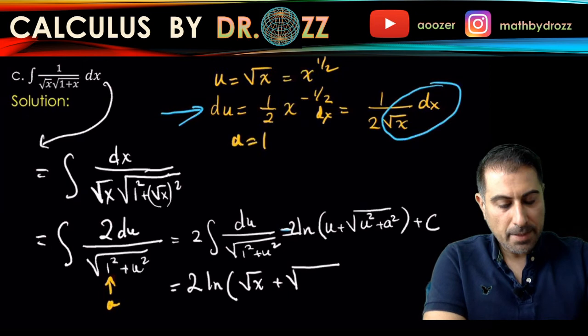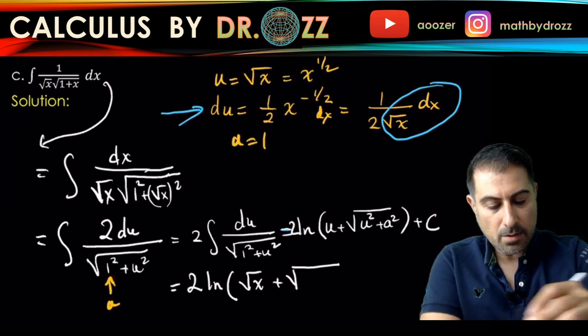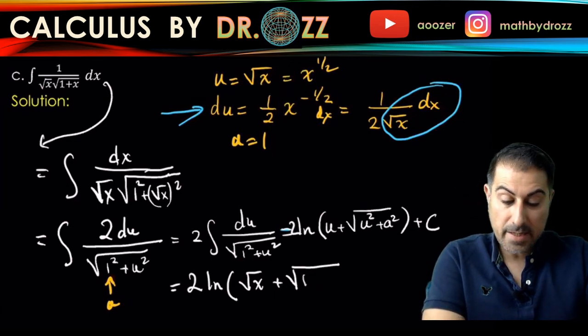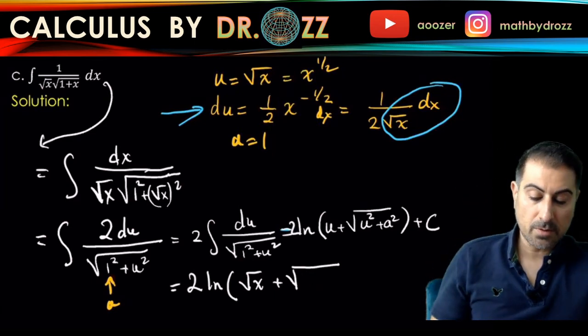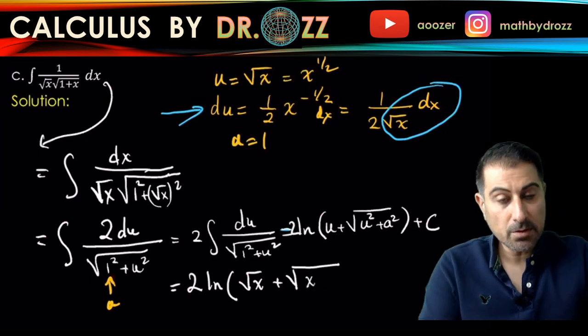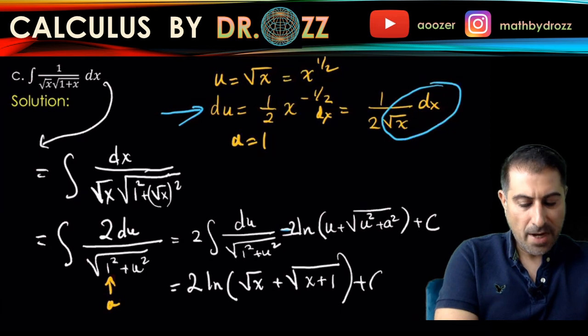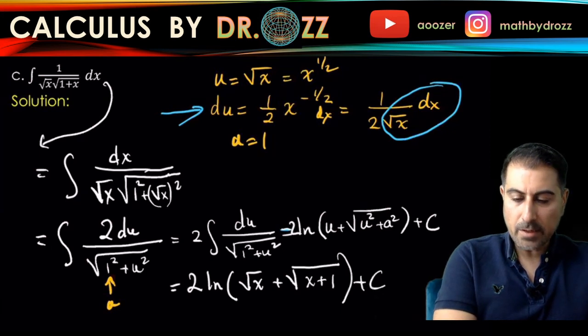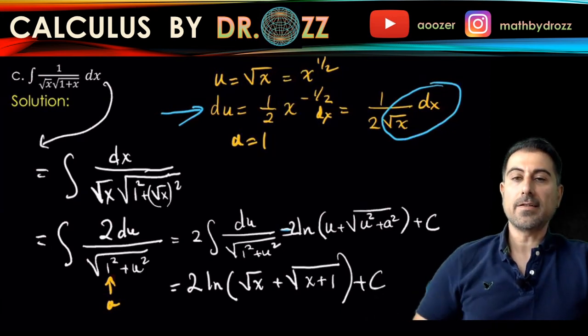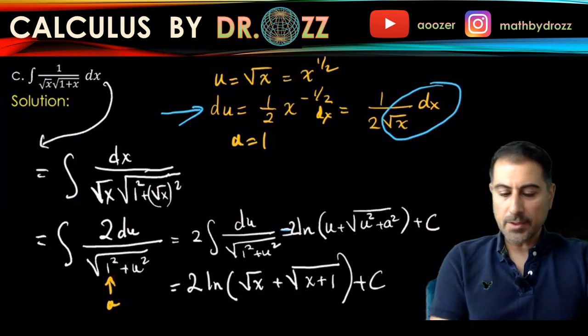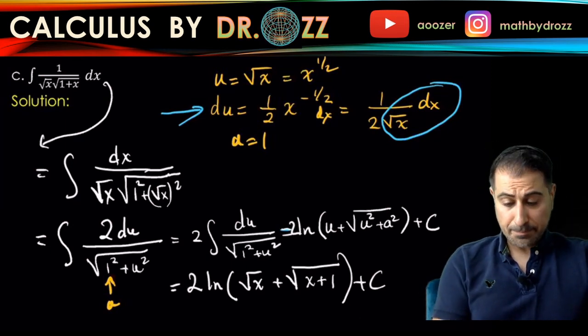So 1 plus u squared plus a squared. Here we go: u squared is just x, plus 1 squared is 1, so x plus 1, plus c. I think this is the final form of the integral of 1 over radical x radical 1 plus x. And I think we're done with all parts of this exercise.